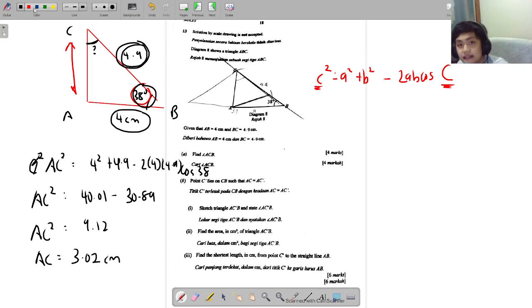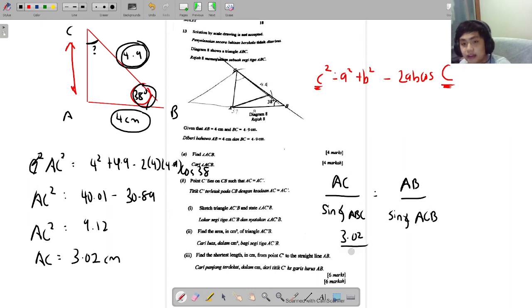Once we find AC, we can use the sine rule. The sine rule is AC over sine of angle ABC equals AB over sine of angle ACB. AC is 3.02, sine of ABC is sine 38, AB is 4, and sine of ACB I do not know.